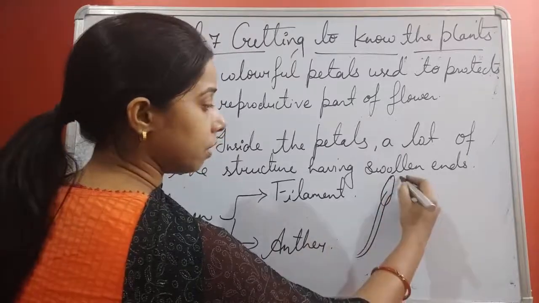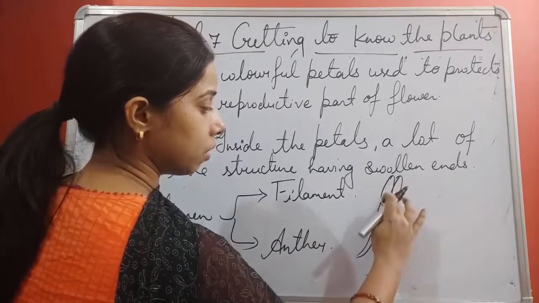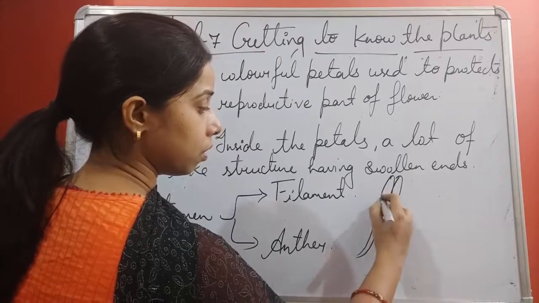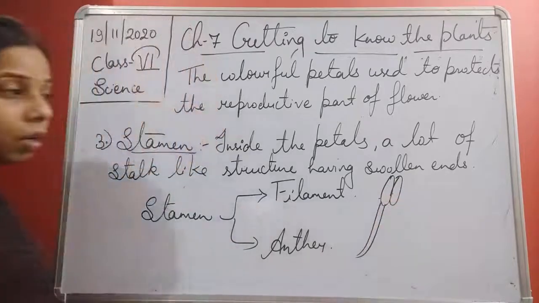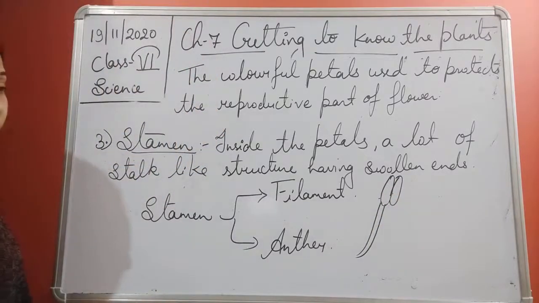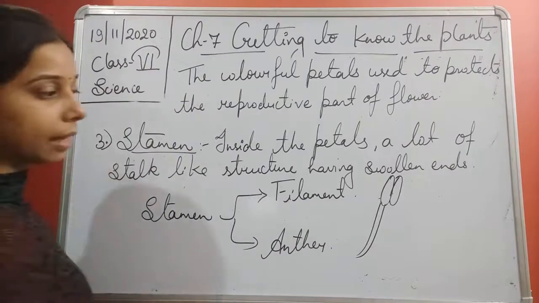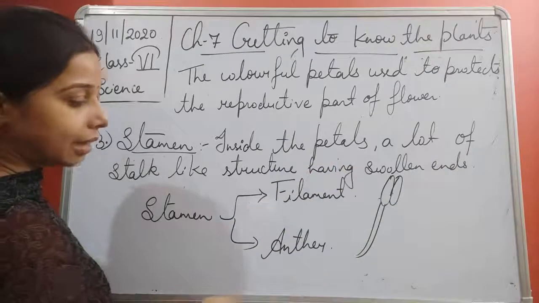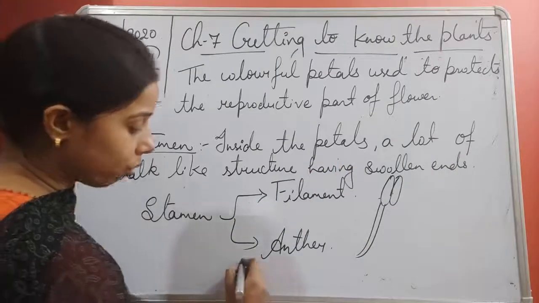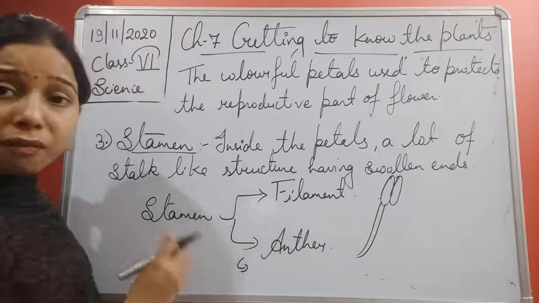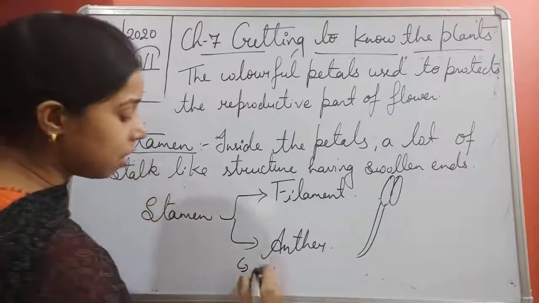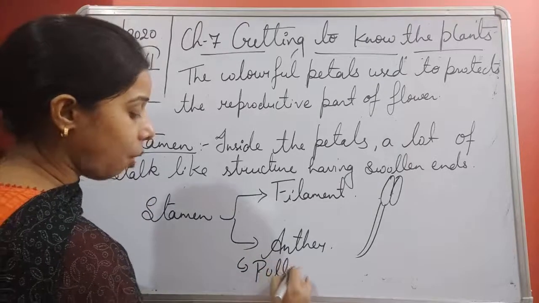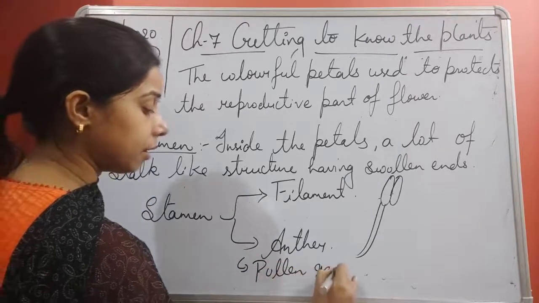And over this, a swollen top is there, student. That swollen top is known as the anther. It is bilobed, it means it has two lobes. Inside the anther, there is a yellow colored substance known as the pollen grains.